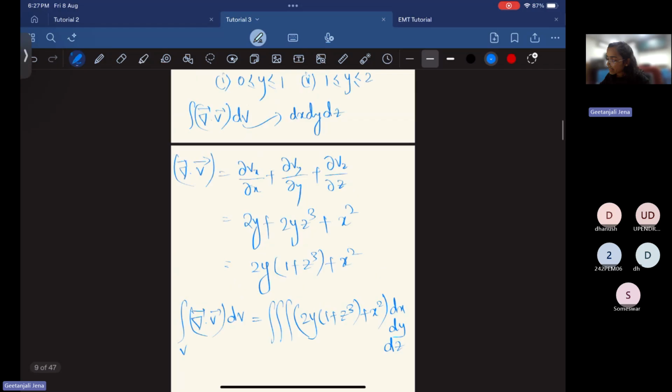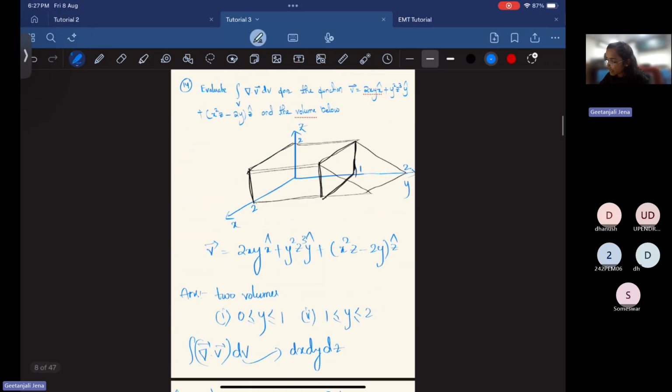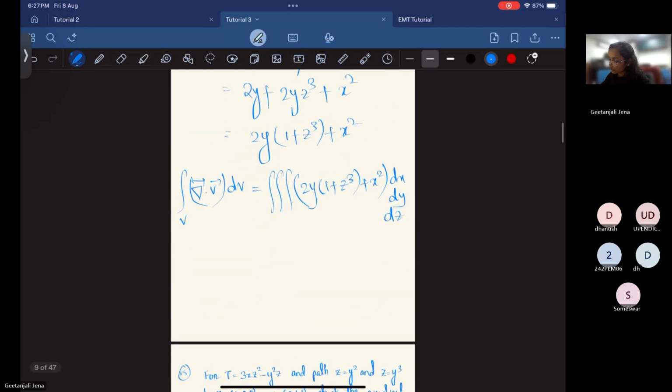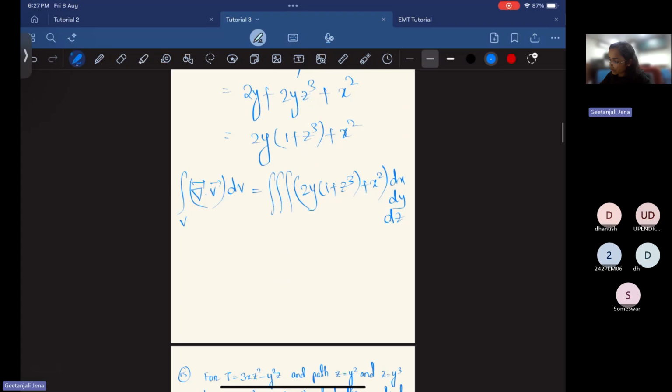And the limits: x will vary from 0 to 2, y will vary from 0 to 1, and z is from 0 to 2. So you will have 0 to 2 for x, 0 to 1 for y, 0 to 2 for z.